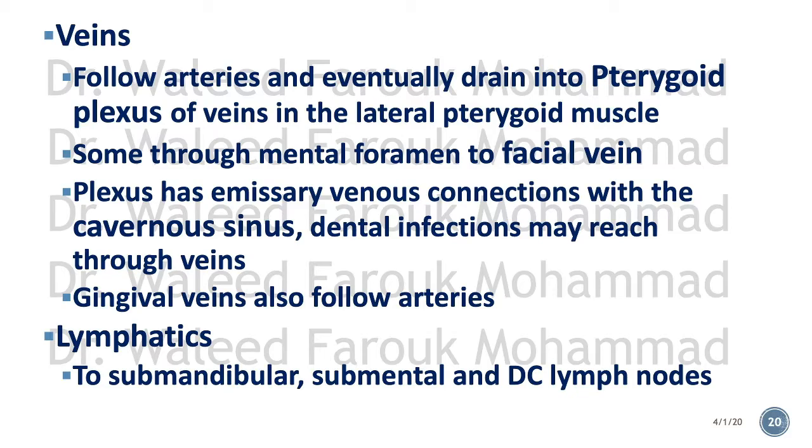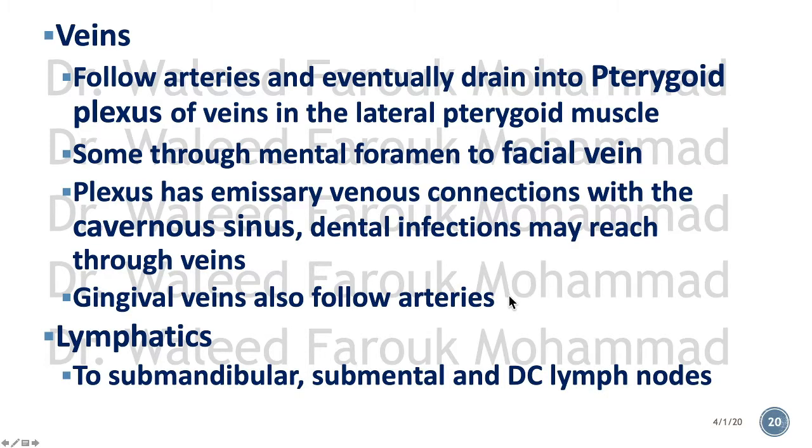That's why if someone has an infection in a tooth, the dentist doesn't remove it while the infection is still in progress, because he's afraid that the organisms or bacteria causing the infection may go through the emissary veins to the cavernous sinus. And by the way, the veins of the head are valveless. There are no valves, so the blood moves freely from side to side. Okay?